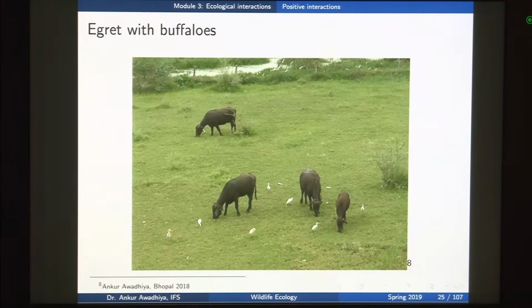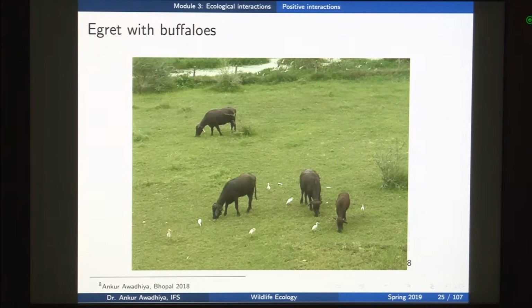Most of these insects will also be green in color, and when an egret is around, these insects would hardly move. So, in that case it becomes very difficult for the egret to catch hold of an insect, or to put it in terms of energetics, the cost of getting an insect is much greater than the benefit that you will get out of eating that insect.